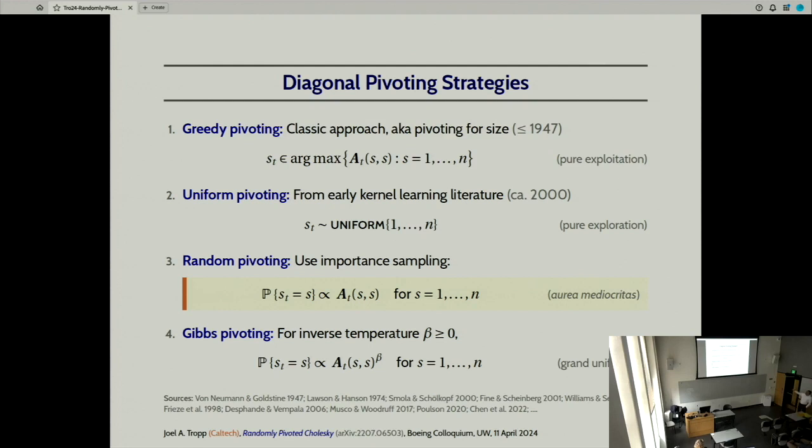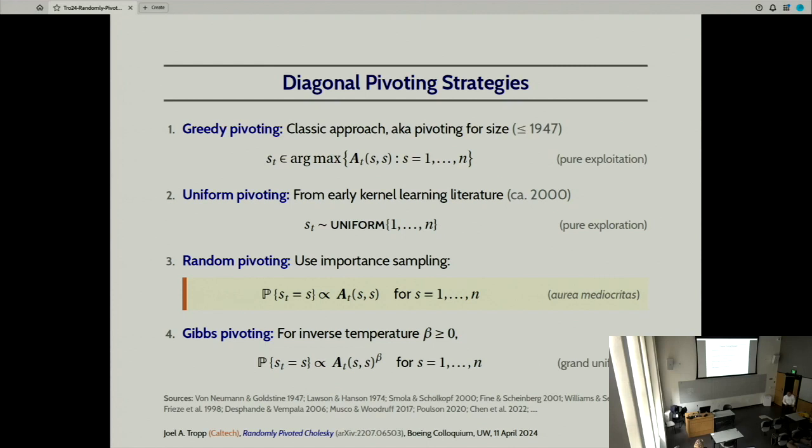Random pivoting is the case where beta equals 1. Not too hot, not too cold. Uniform pivoting is the case beta equals 0, so infinite temperature. And greedy is the limit as beta goes to infinity, so the zero temperature limit. So these are all part of a family of strategies.